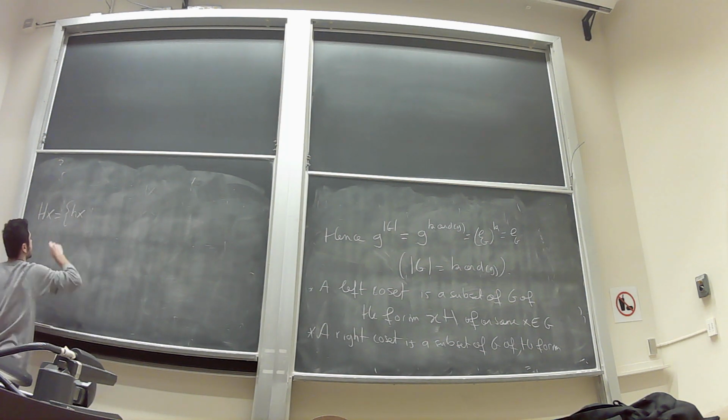So you take all of the elements of H and you multiply them by x on the right.